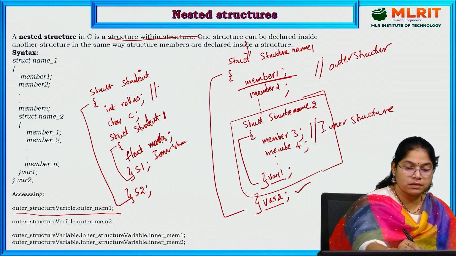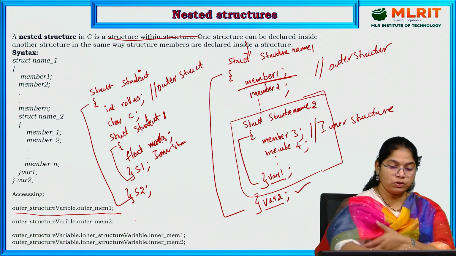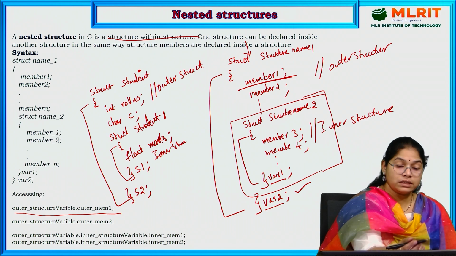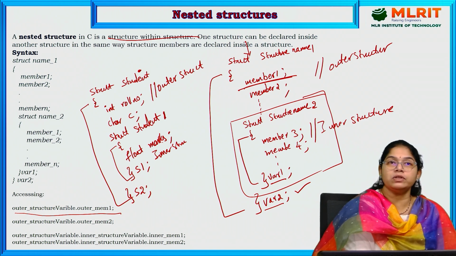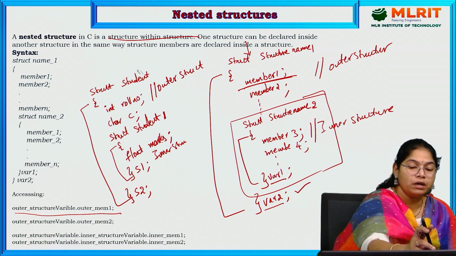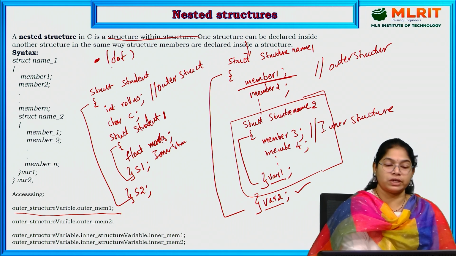If I want to access members of the outer structure, we have to use an operator called the dot operator. We have to use a dot operator to access members of the structure.